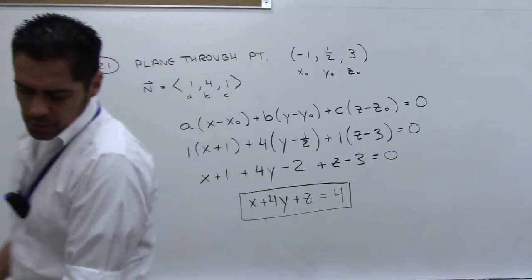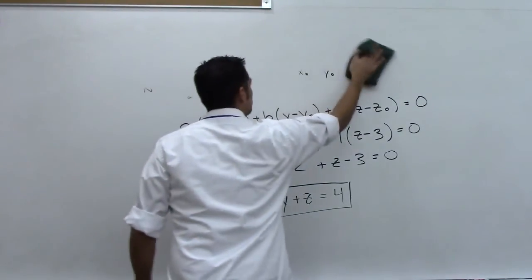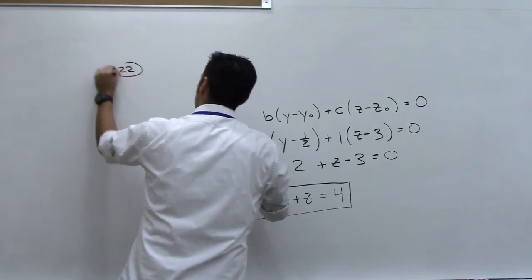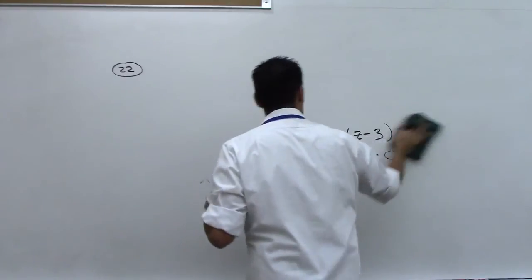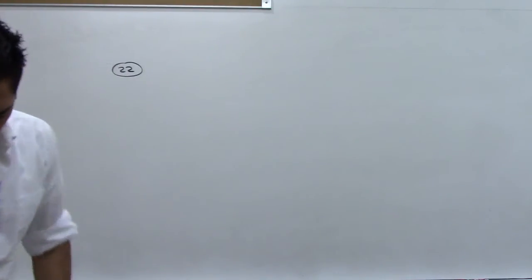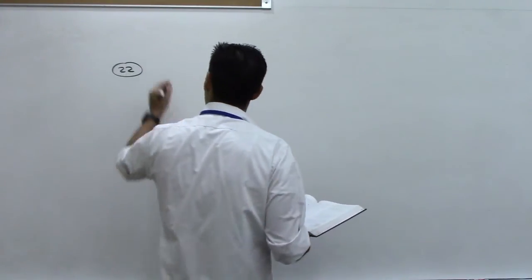All right, let's look at number 22. That problem was about as easy as they get. Find the equation of the plane through the point.